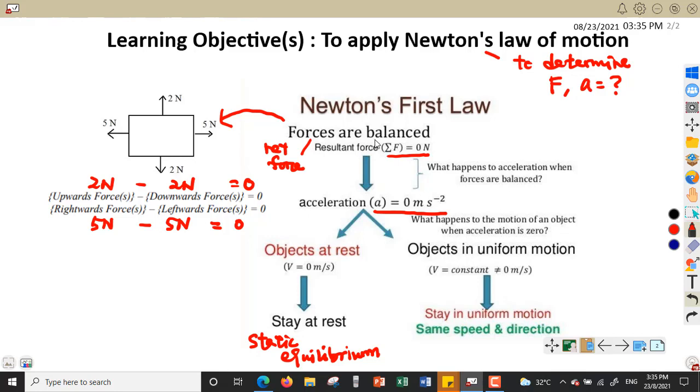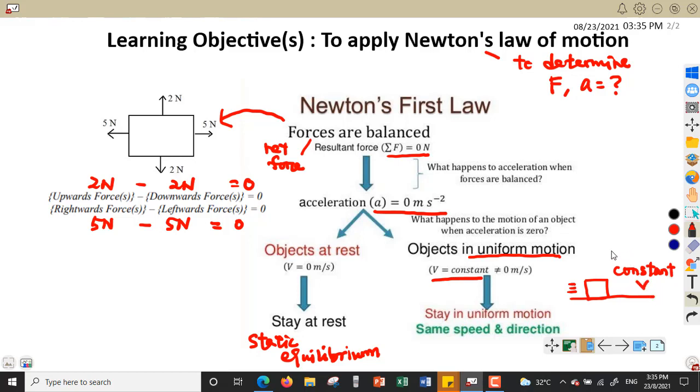If the resultant force is 0 and the object is in motion, it will continue to move in a straight line with constant velocity.